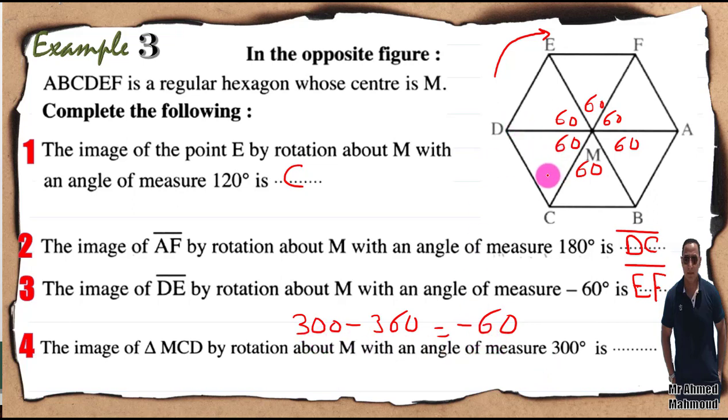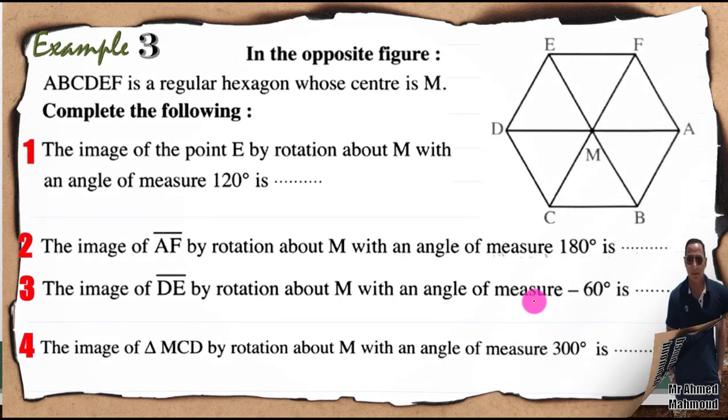So if I need to rotate MCD negative 60, M is itself, and D rotated negative 60 is at E. C comes negative 60 to be at D. So D goes to E, and C goes to D, and M itself. So the triangle is MDE.